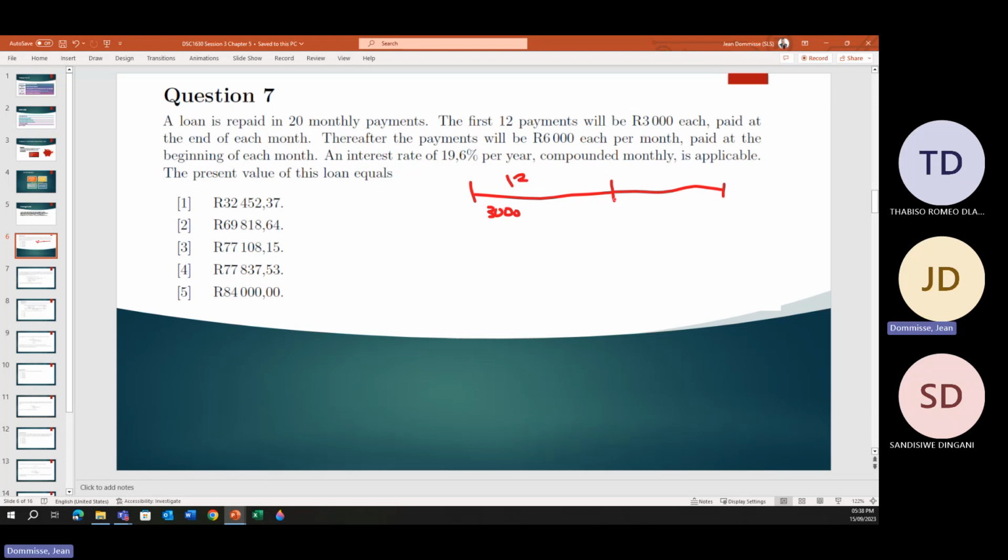Thereafter, the payments will be 6,000, so there are 8 months left, and for those 8 months it will be 6,000, paid at the beginning of each month. And both are at 19.6%.